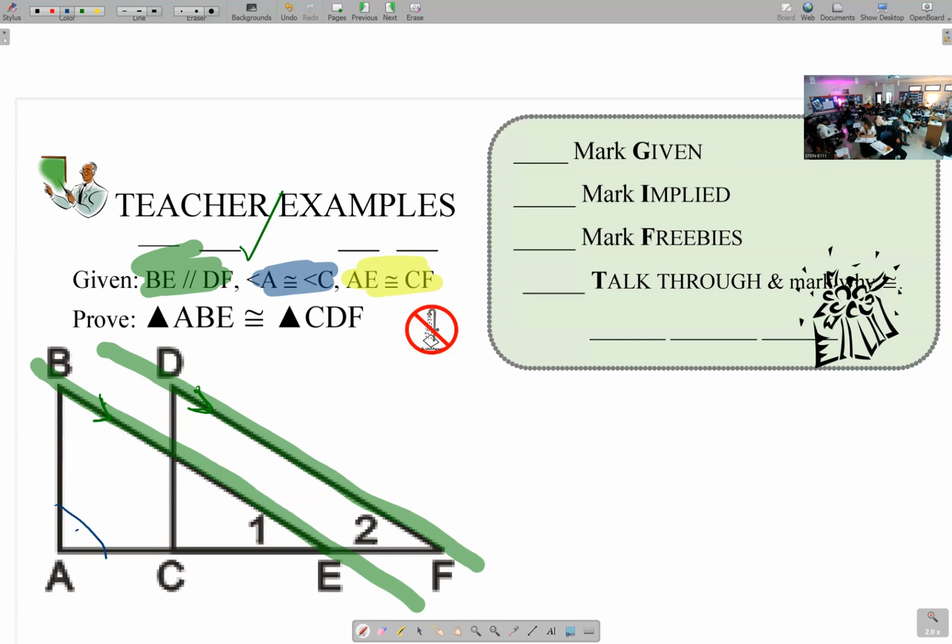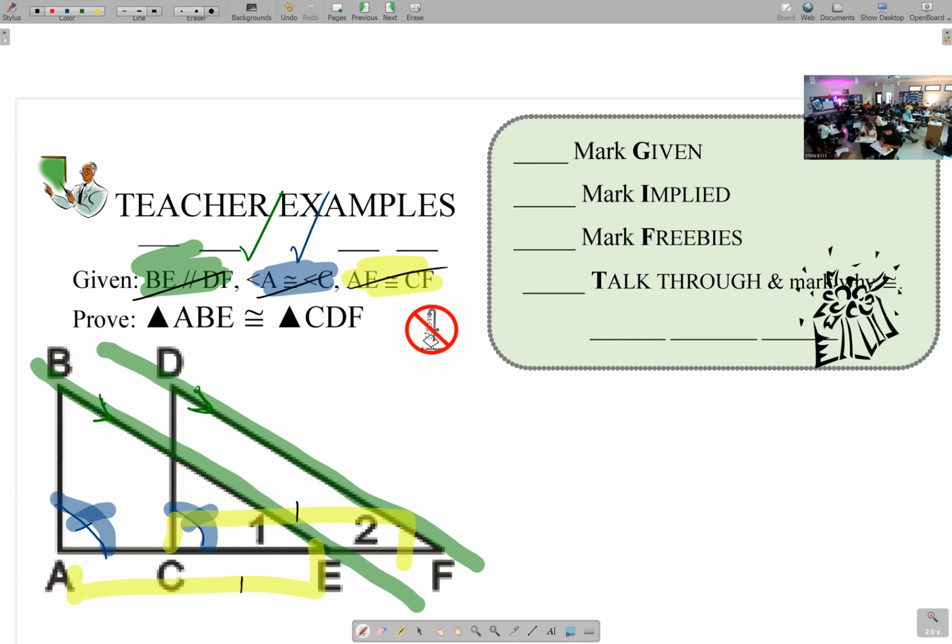A is congruent to C. That was an easy one. Check. And then I have AE, I'm going to use brackets, is congruent to CF. Okay, that's your given.